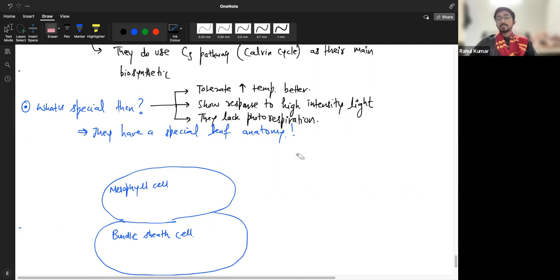So why was it capturing carbon dioxide? The enzyme Rubisco, what was it doing? It was fixing the CO2, right?